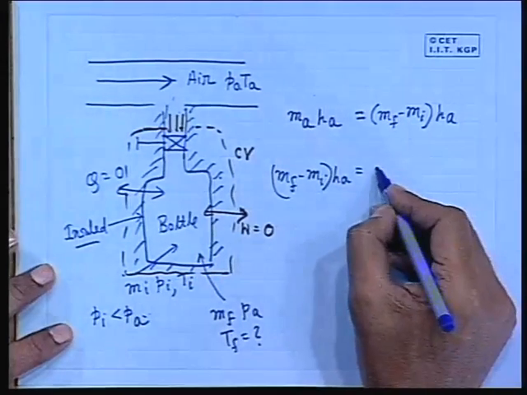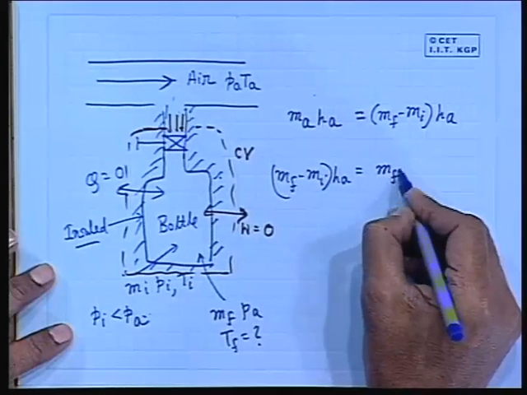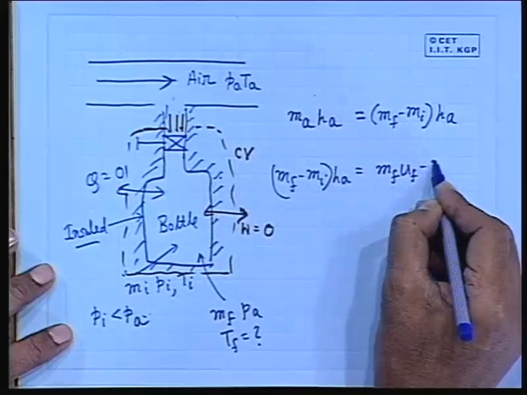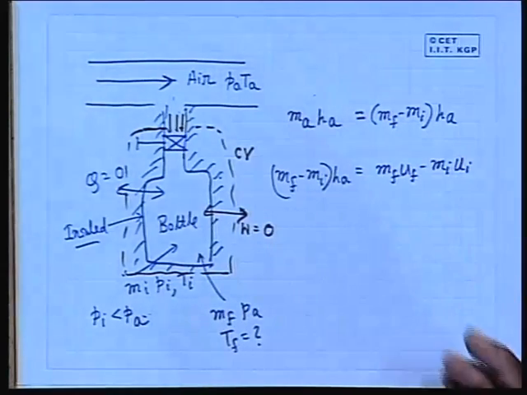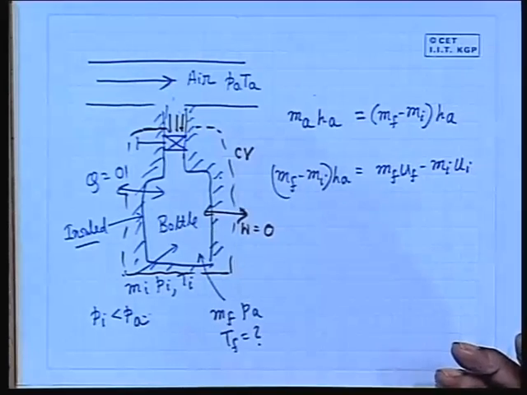Common sense. That means Mf Uf minus Mi Ui, simply like this. Now you can ask me, sir, you are telling the most practical problem, that engineers are interested to know the temperature, but where is the temperature in this equation?